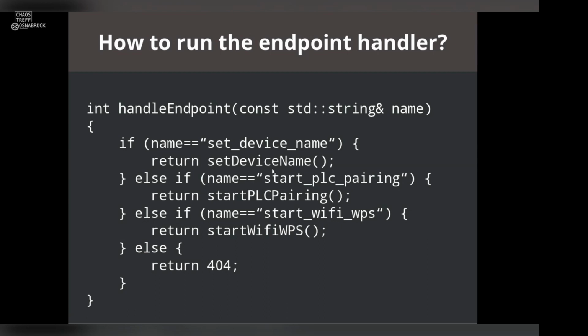And what this function does is simply test this string against several predefined strings, the ones we have seen before: set device name, start PLC pairing, start Wi-Fi WPS, invoke the respective function and return its result. And if none of them matches, it returns a 404, which in some way will be returned to the web client to signal that this was the wrong name for the endpoint.